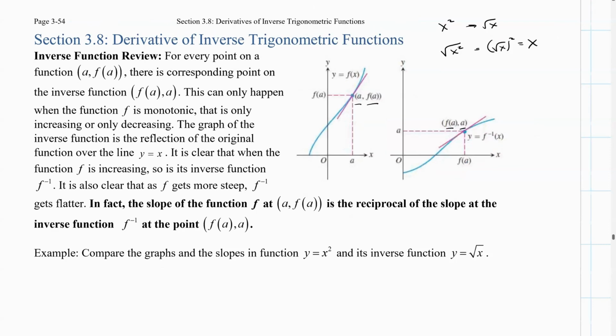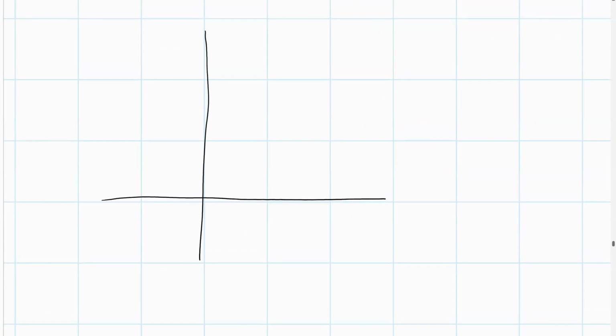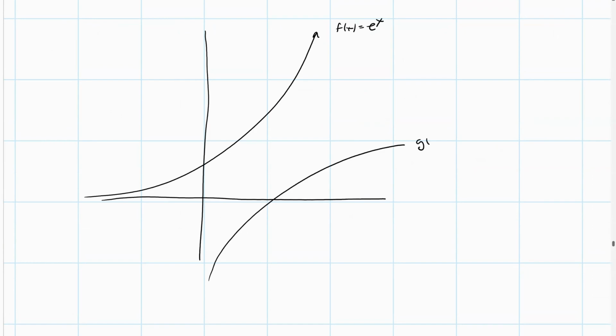I like to summarize this thinking about the most famous pair of inverse functions, f of x equals e to the x and g of x equals the natural log of x. These two are inverse functions. The natural log of e to the x equals e to the natural log of x, and they both cancel each other out and leave x.